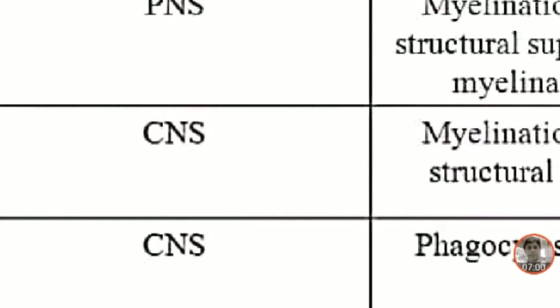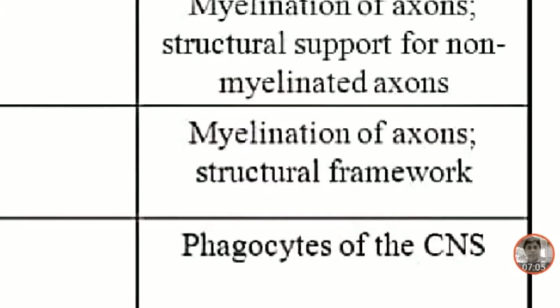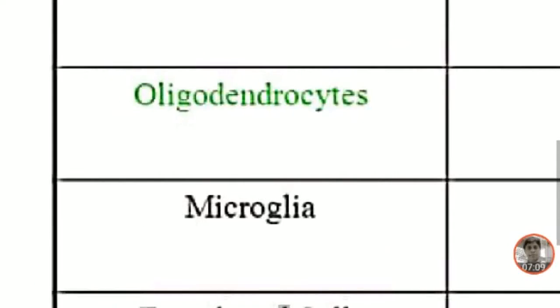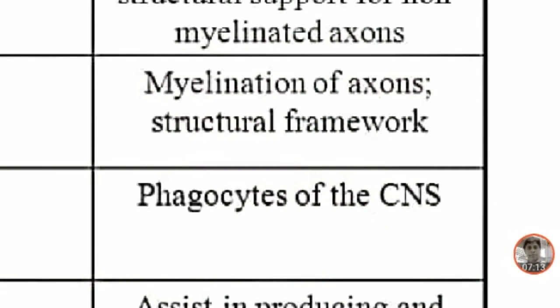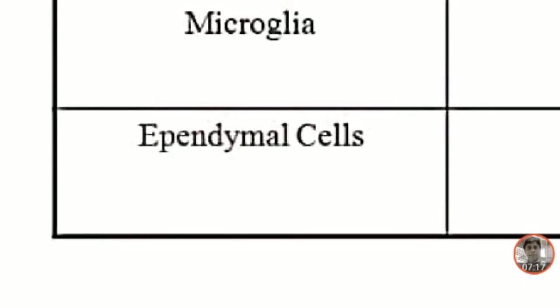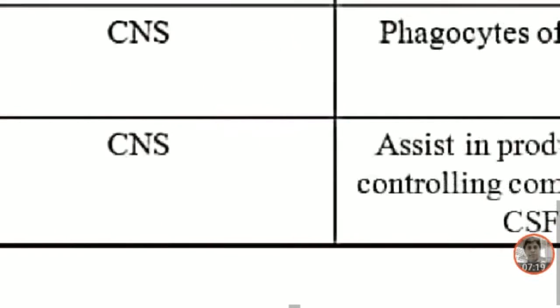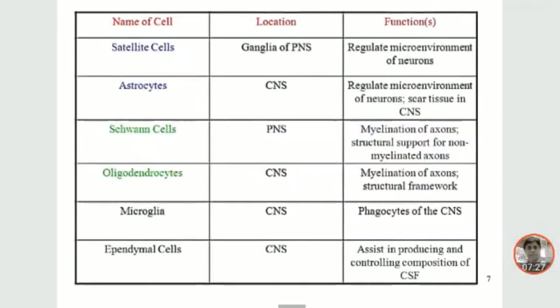Oligodendrocytes are also in the central nervous system, useful for myelination of axons and forming a structural framework. Microglia are in the central nervous system. They act as phagocytes of the central nervous system. Ependymal cells in the central nervous system assist in producing and controlling the composition of cerebrospinal fluid.